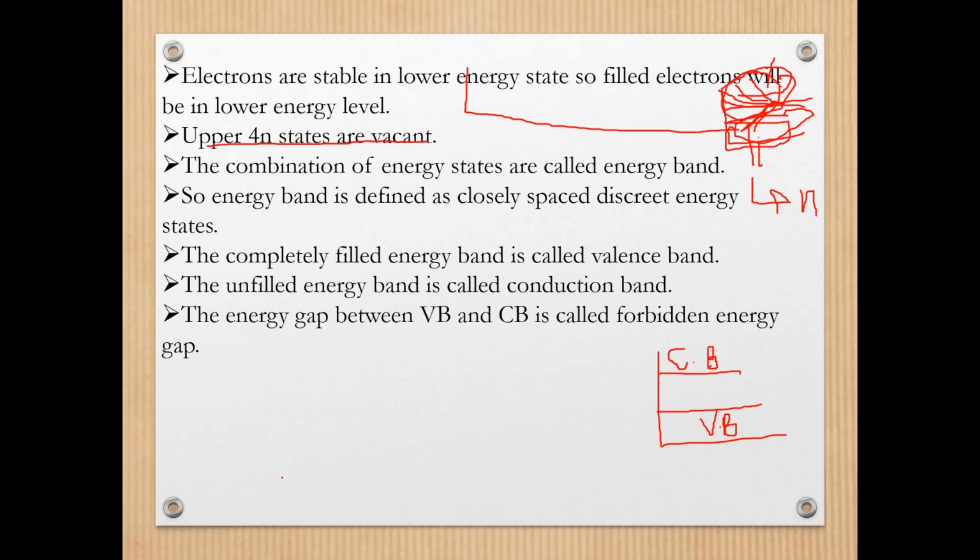And this space is the energy gap. Here the y-axis is energy in eV, and the x-axis is distance in angstroms.